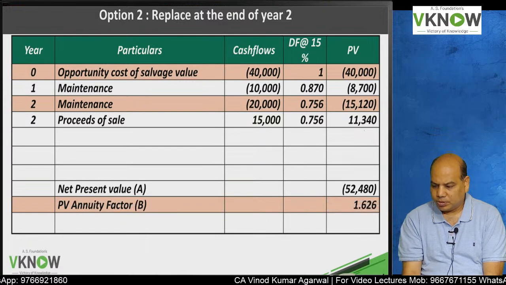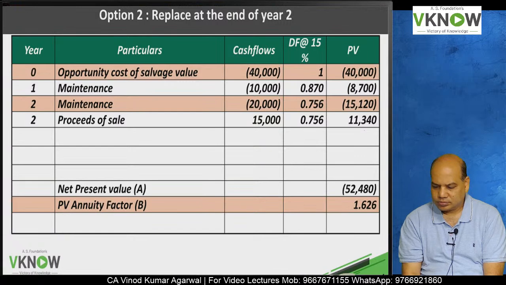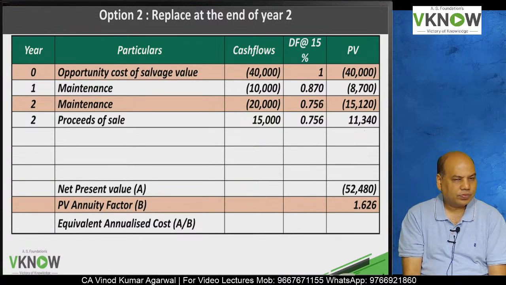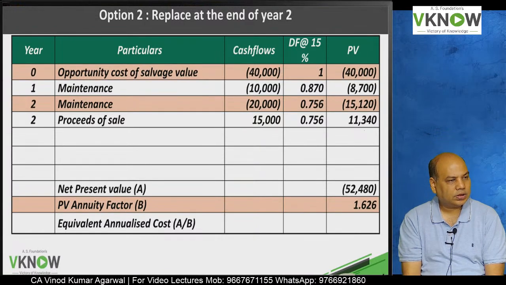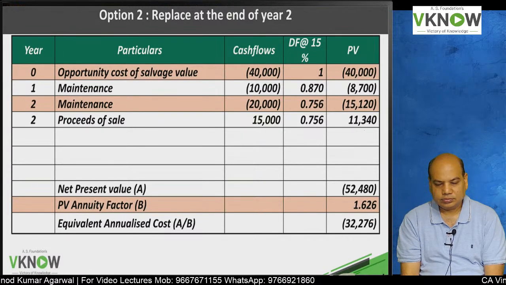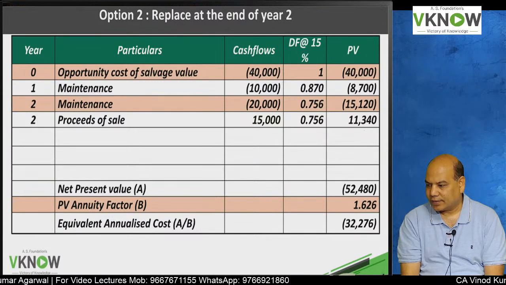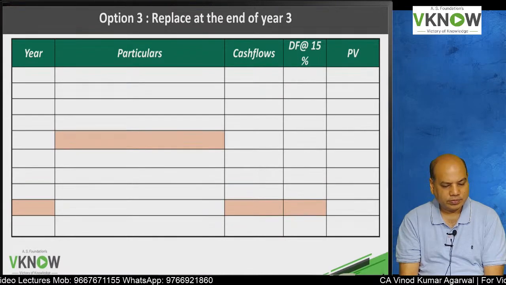Then you write down PV annuity factor 1.626. Therefore EAC is A upon B, 32,276. Check. Is it right? 32,276.